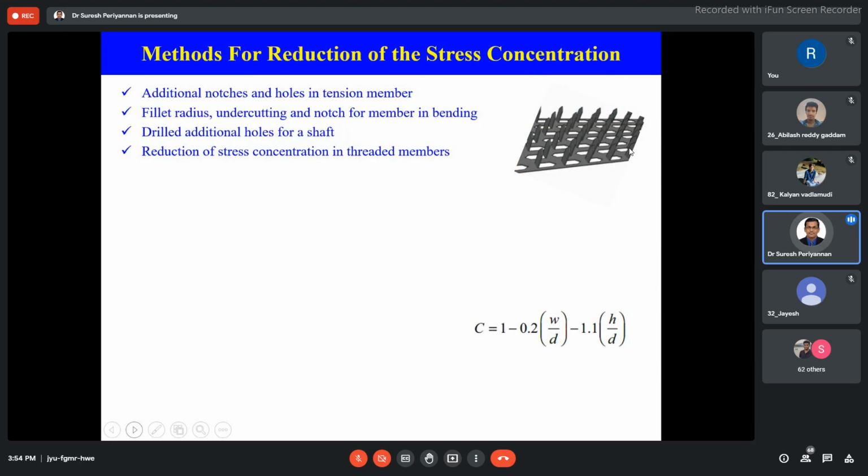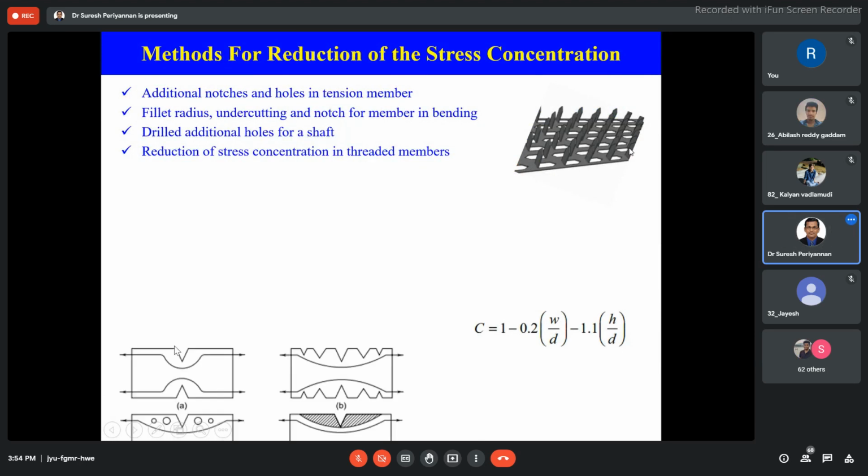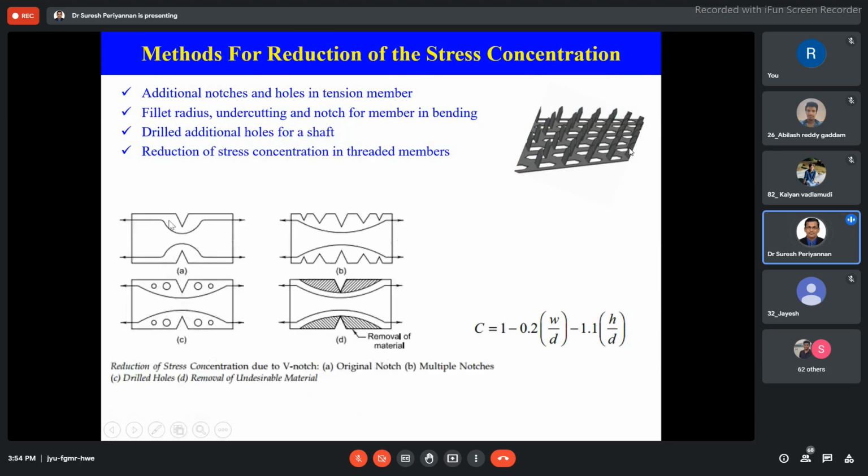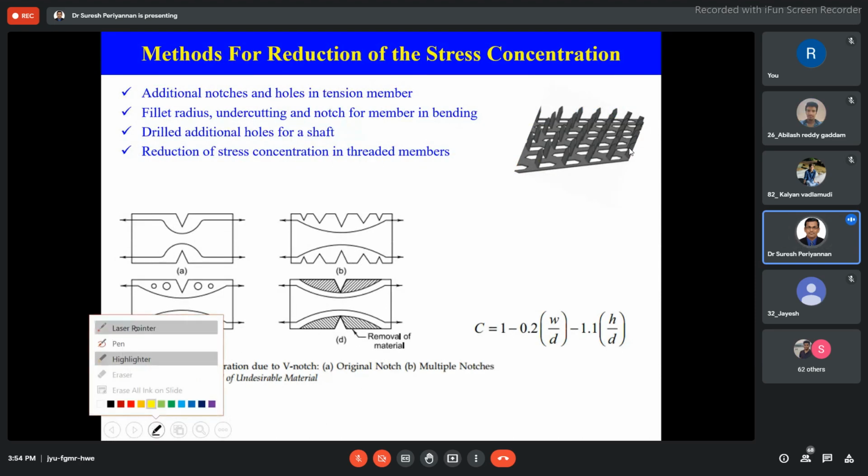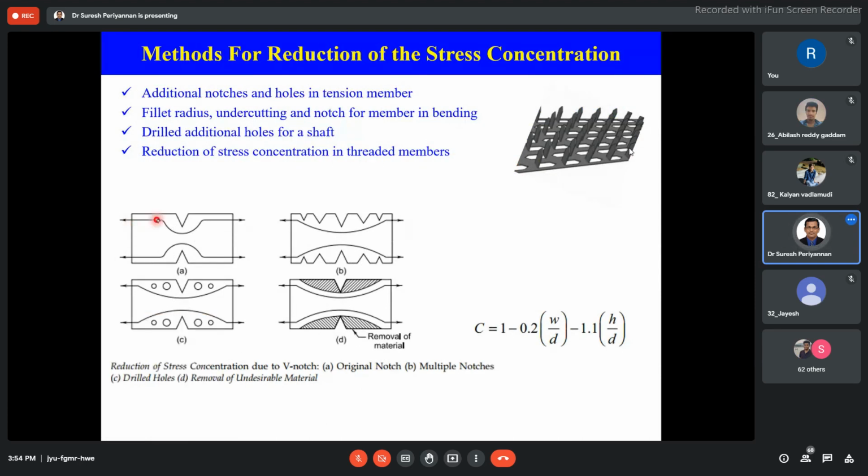Okay, first method: additional notches and holes in a tension member. See here, the figure. When we are using a single notch, the stress lines are more closer, so there will be more stress concentration in this region of interest.